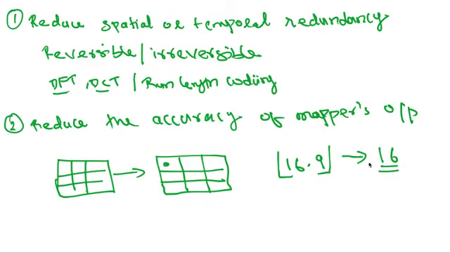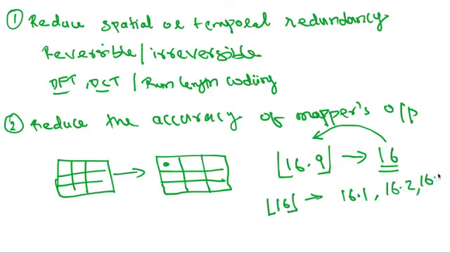But the problem with this particular quantization is, you cannot restore the original value 16.9, because if you are given the number 16, you have no idea from what number this 16 actually came. Suppose that it can come from 16.91, or from 16.2 or 16.3, etc. So you will not be able to get the original number once you have quantized it.